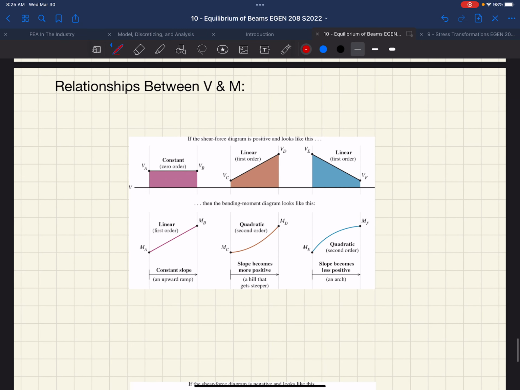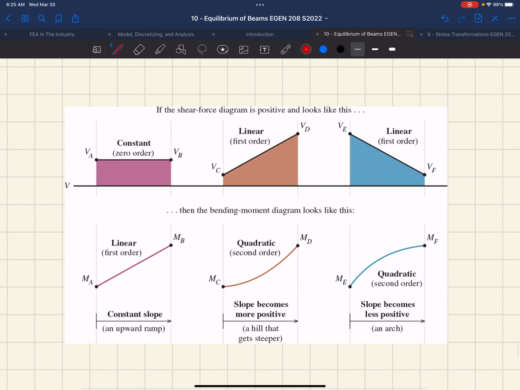Again, lastly, some relationships for you guys between our shear and moment diagrams. Knowing that the magnitude of our shear force diagram is the slope of our moment diagram, right? So if our shear force diagram is constant, that means we have a constant slope, right? We're being linear. If we have a linear shear force diagram, then we have a quadratic, right?